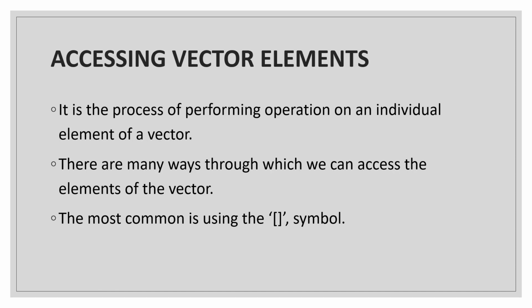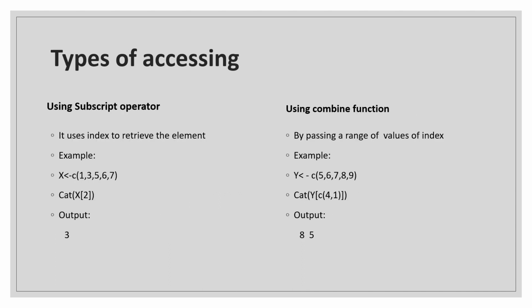Accessing vector elements. So let us see how to access elements of the vector. It is a process of performing operation on an individual element of a vector. There are many ways through which we can access the elements of a vector. The most common way is using square brace symbol. So let us see the first type of accessing the elements using subscript operator. It uses index to retrieve the elements. For example, if we see here the vector x which contains elements 1, 3, 5, 6, 7.